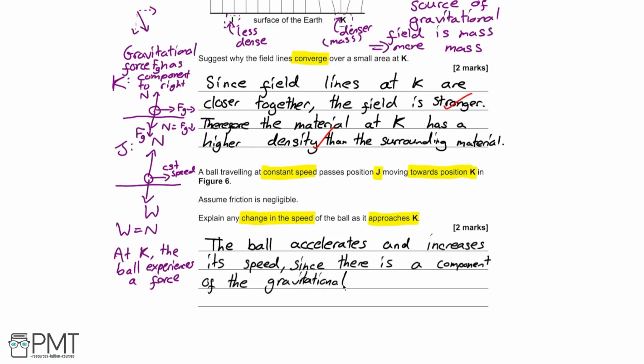So this means that because of this gravitational force acting to the right, we can use the fact that a force is proportional to an acceleration from Newton's second law, F = ma. So if we have a force pulling the ball to the right, we must therefore also have an acceleration.